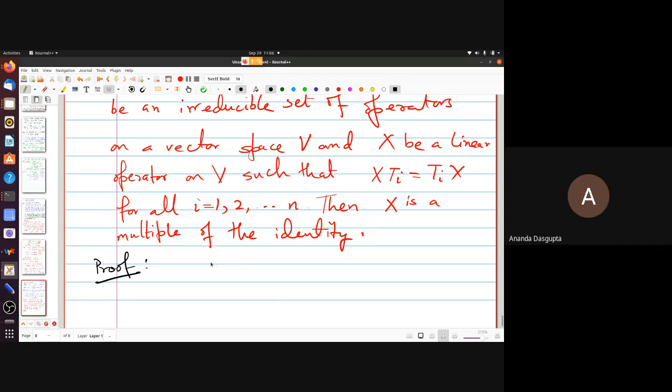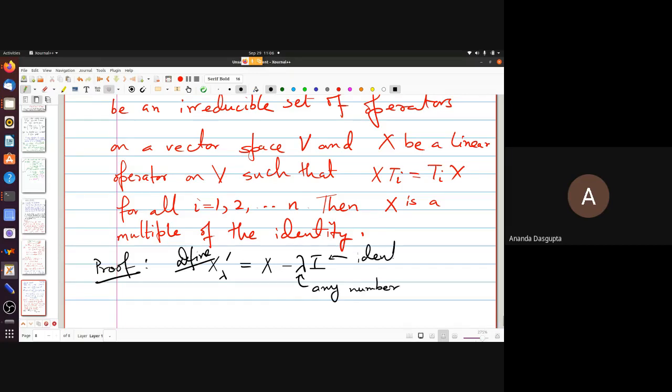For any given x, of course, there is only one x here, but you can just define a new operator, x prime with a lambda suffix, where lambda is any number.